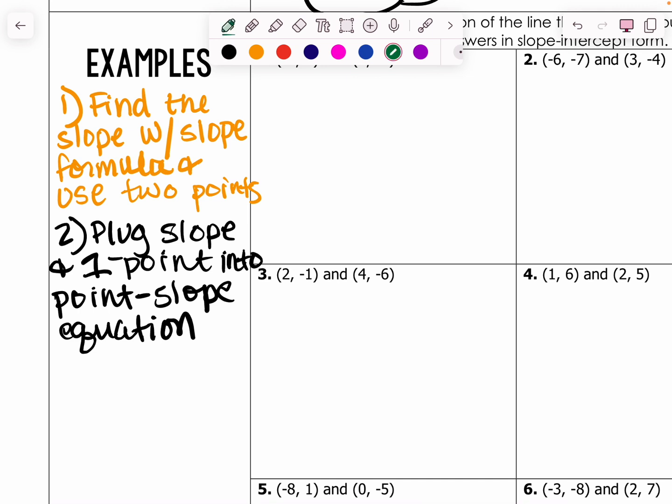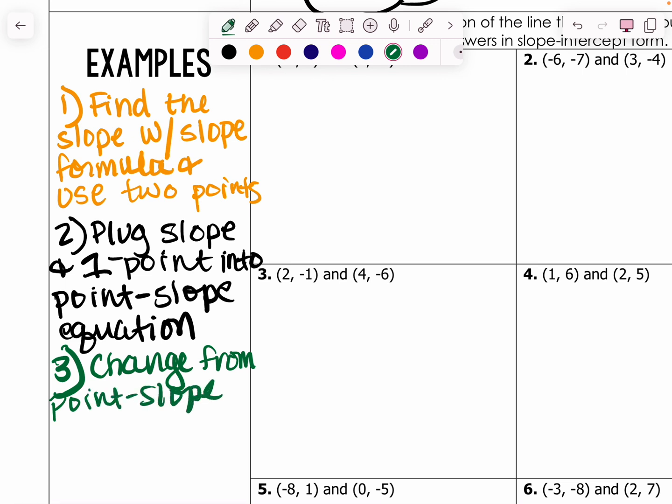And then from there, you will change from point slope to slope-intercept form. So if you ever get confused, here's your step-by-step guide, okay?